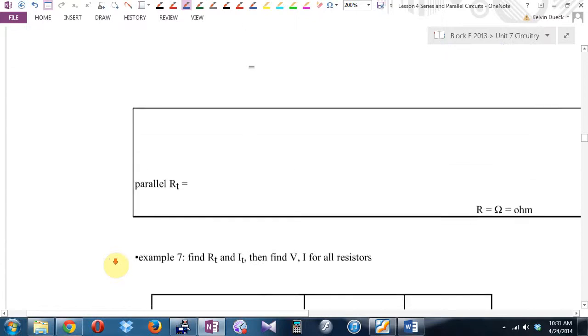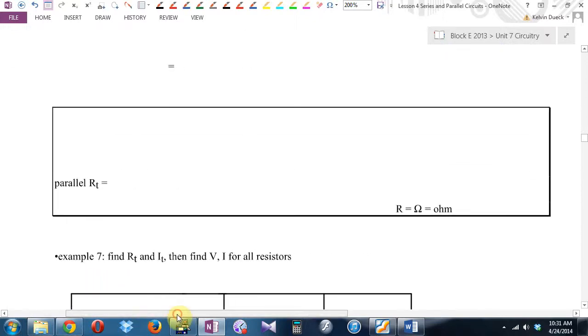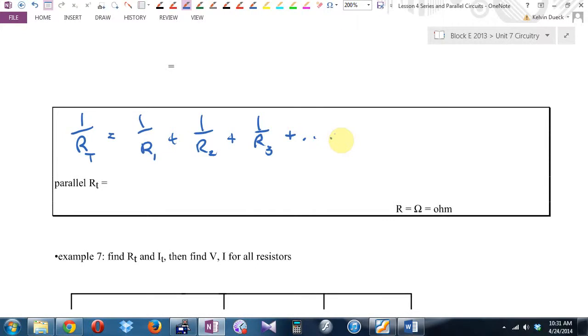So, in the box on the next page, to find parallel, 1 over R total equals 1 over R1 plus 1 over R2 plus 1 over R3 plus, and then take the reciprocal.